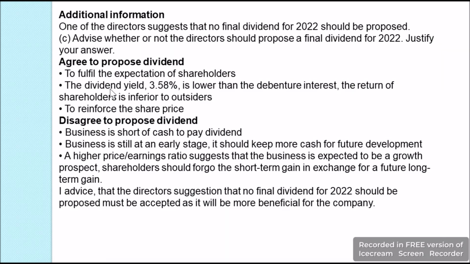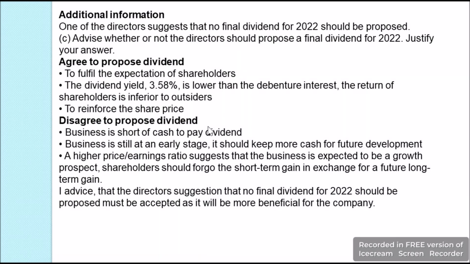Apart from that, the dividend yield was also low, just 3.58%, whereas the interest on debentures which we are paying is 5%. So this is lower than even the interest on debenture which is paid. This may lead to grievance in the shareholders, so they should propose more dividend at the end of the year. Apart from that, the share price can be reinforced if more dividend is proposed at the end of the year.